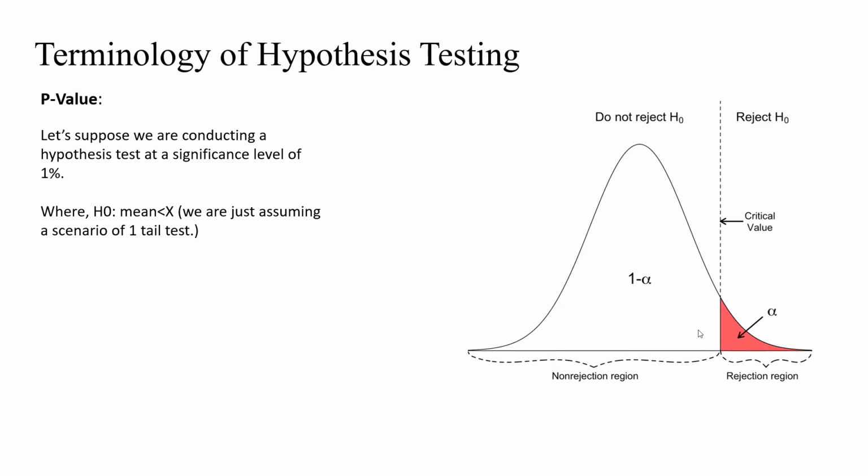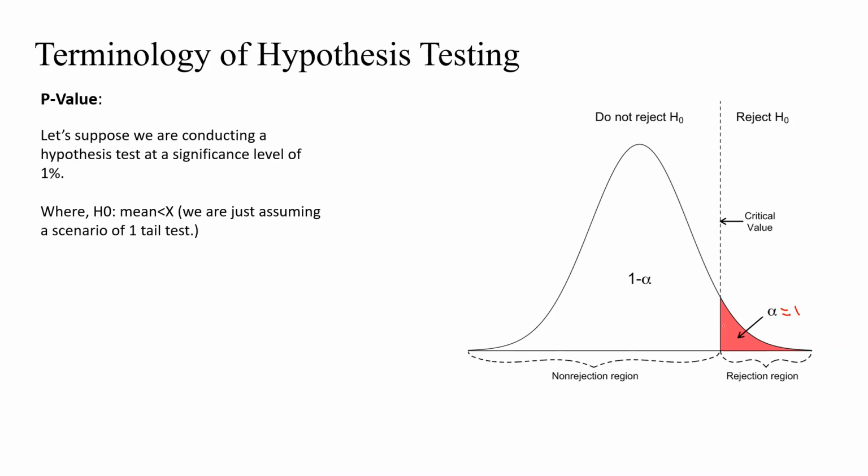We do not reject the null hypothesis, we fail to reject the null hypothesis. And if it goes beyond my critical value, then we reject the null hypothesis. Now take a specific case. Given my alpha is 1% at the moment, this whole region represents my significance level of 1%.